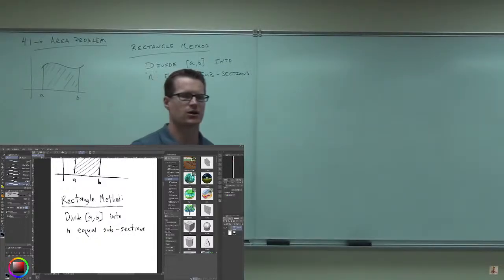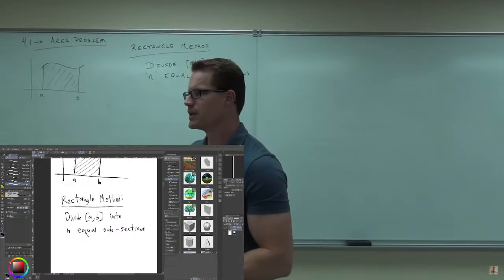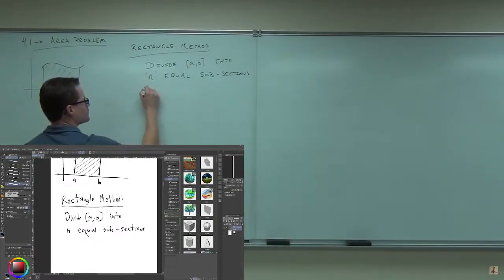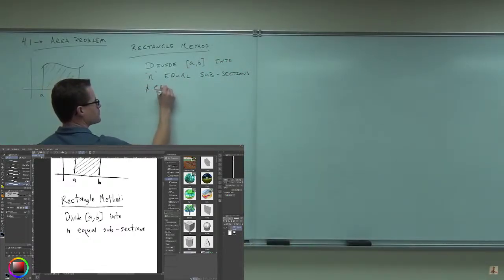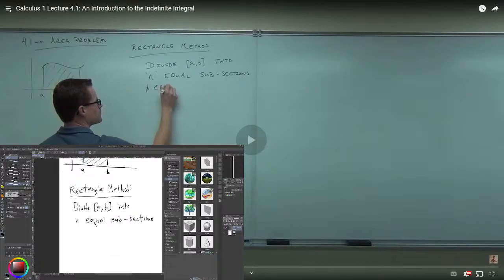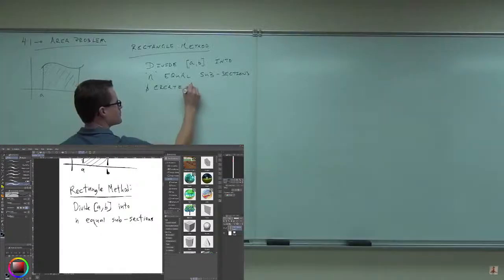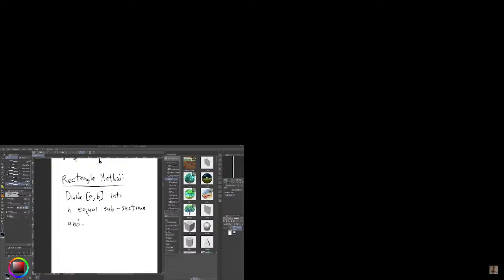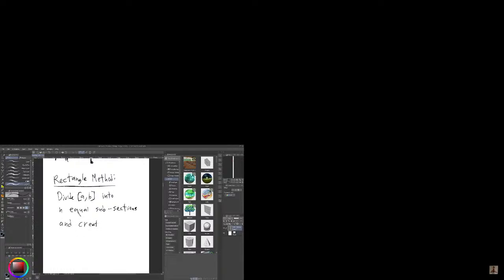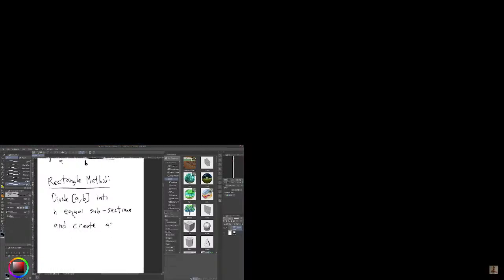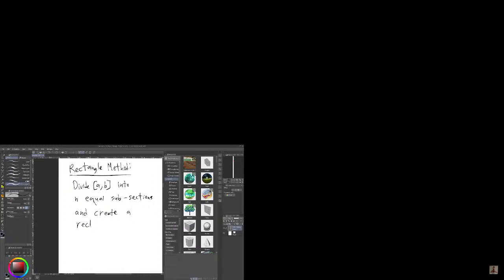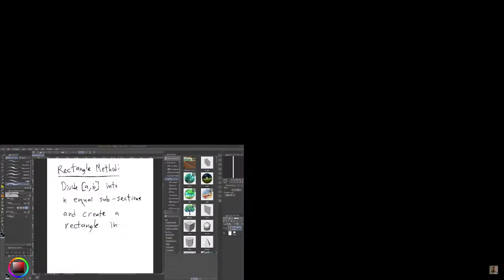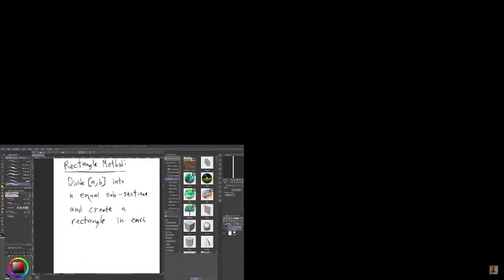And create a rectangle in each subinterval, in each subsection. Hence where we get the term rectangle method, or rectangular method.